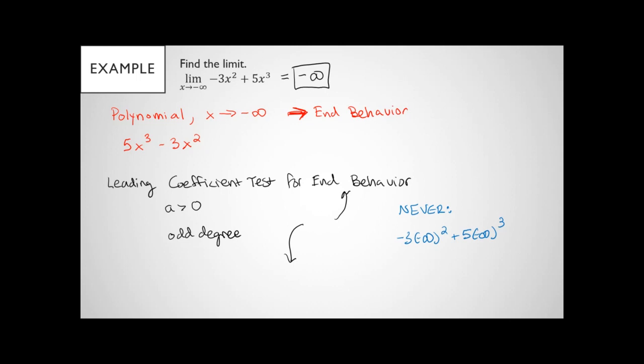So you're never going to be writing that. If you're showing the work on something like this, you're going to want to draw a picture, the graph, or show a table of values maybe, which doesn't really work for negative infinity. Or you can use your leading coefficient test and then write that work. But you're never actually plugging in infinity or negative infinity. So that's not how you show work for something like this.